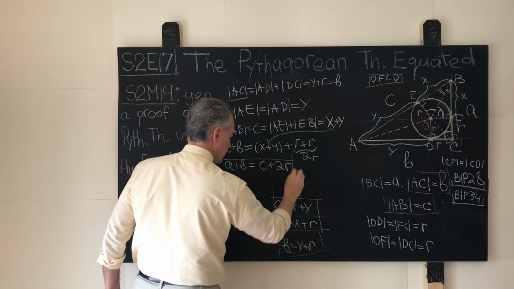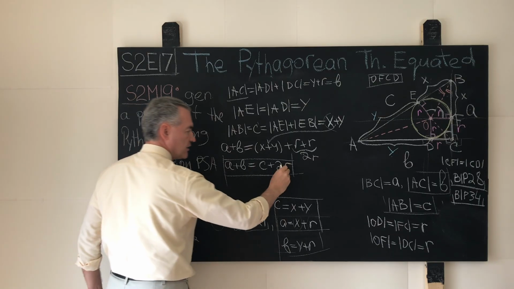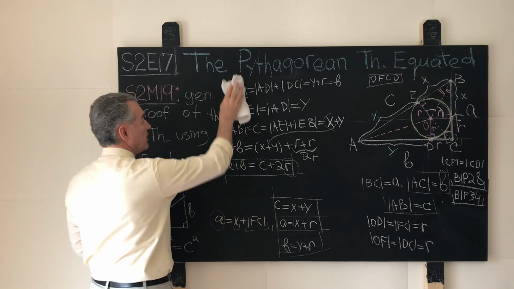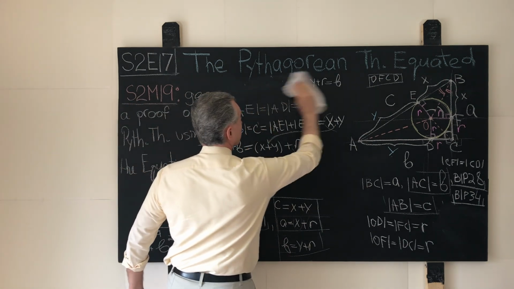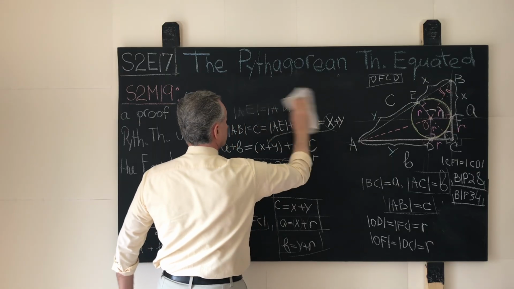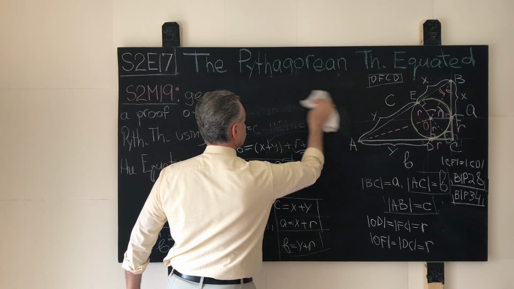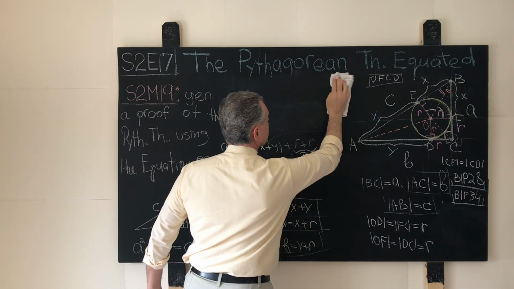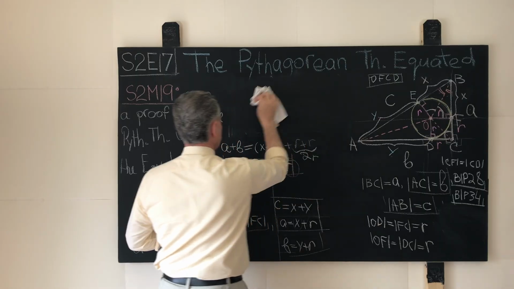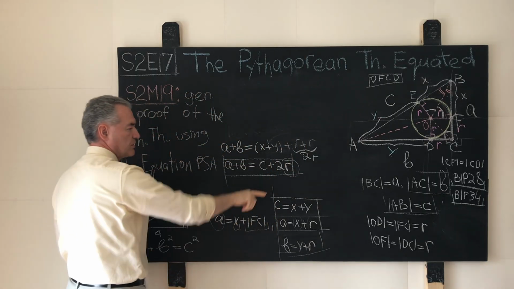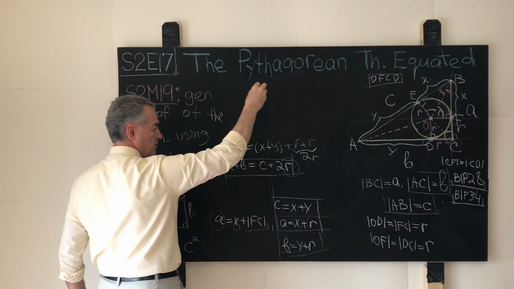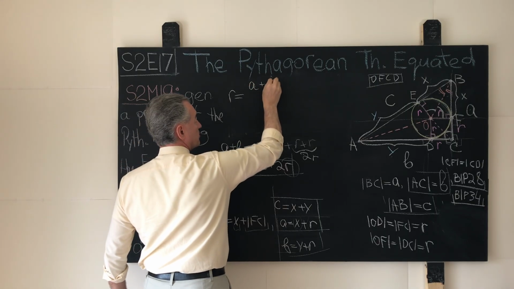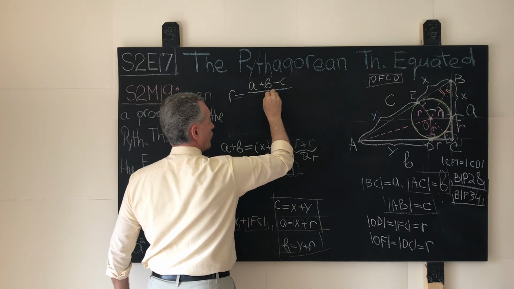And now we have one equation with one unknown, R. At this point, I hope that everyone will agree that, as a function of the lengths of the sides of the given triangle A, B, and C, from this equation we can write down the formula as follows: R equals A plus B minus C over 2.